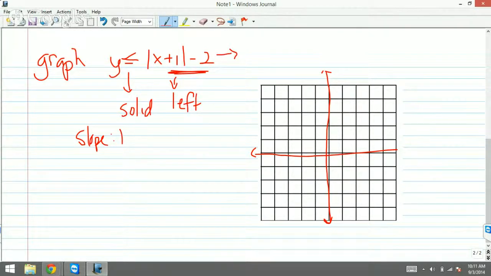And that means 2 down. Okay, inside the bars, this is where you have to be careful. Inside the bars is the opposite. Outside is the same. It gets kind of confusing. Okay, so get that right. Outside here is the up and down, and it goes with it. So we're going to go 2 down, but this is the opposite. So left one. Yep. So it should look like a slope of 1. Should look something like that. Yeah?